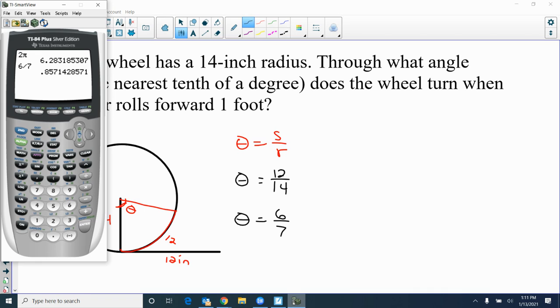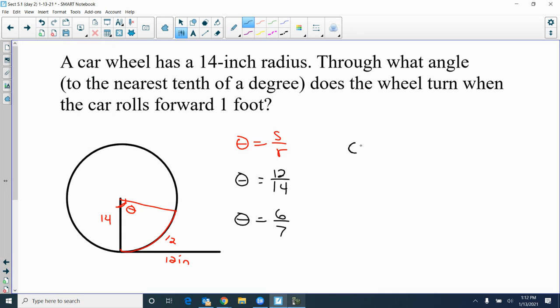It wants the final answer in degrees, so we're still going to have to multiply that by 180 over pi. You can't get around it in this case. So theta is going to equal 6/7 of a radian times 180 over pi. Round this to the nearest tenth.